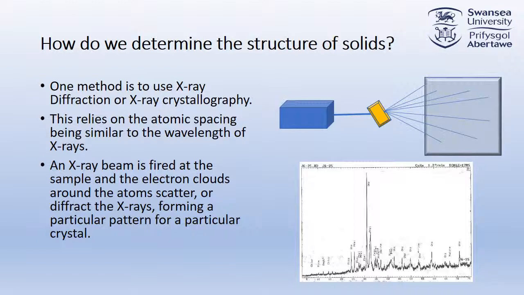Please note that XRD and XRF, X-ray fluorescence, shouldn't be muddled up. They're two very different analytical techniques. Okay, so the point of minimum electron density between the two nuclei defines the limit of that ion. The electron cloud of the atom scatters those X-rays, and that degree of scattering, as we've already mentioned, is proportional to the atomic number.